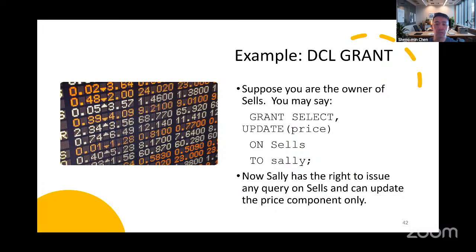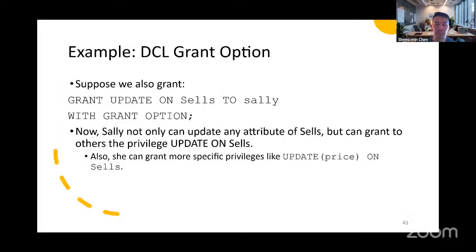You're granting select and update relations, or statements, on the sales table, update on price actually. So it's select on the table sales, but update only on the sales table's price column, to Sally, which is the user. This is an example of granting.